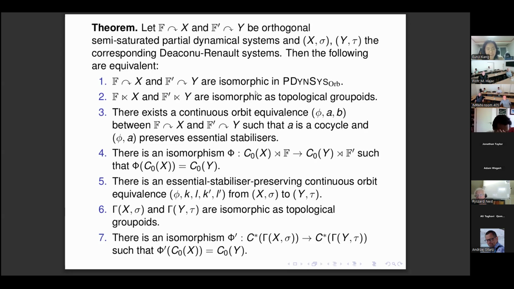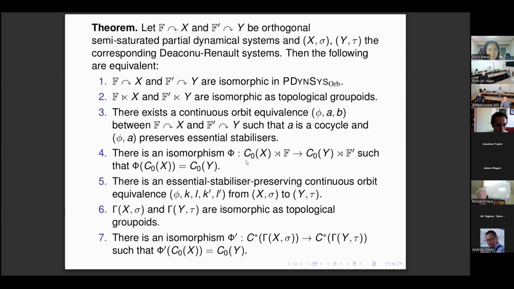Because one of the examples that we have is for graph system algebras, and there the number of generators is the number of edges. We don't need to have the same number of edges to have isomorphic graph system algebras. That's surely true. Yes, because it's a partial system. So you don't really say very much about those.